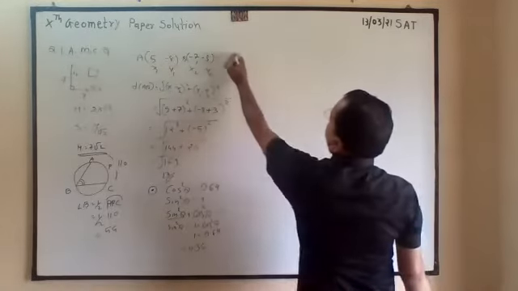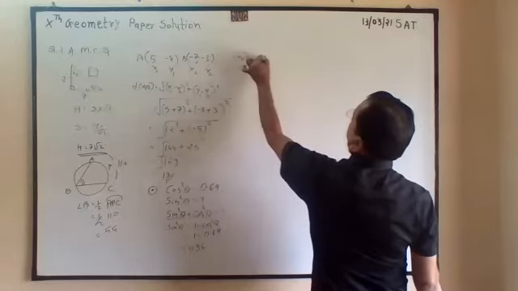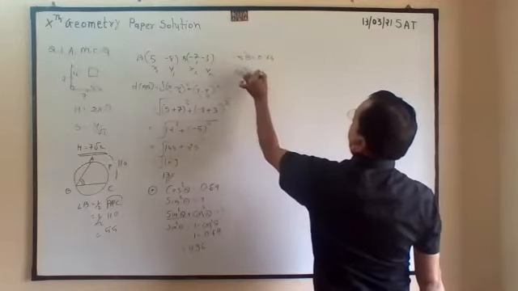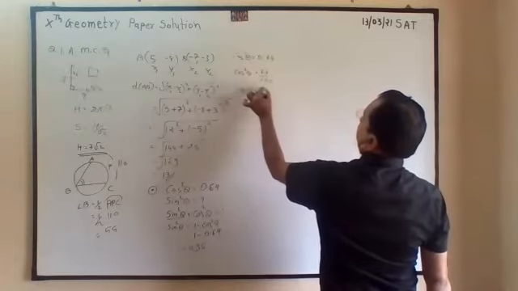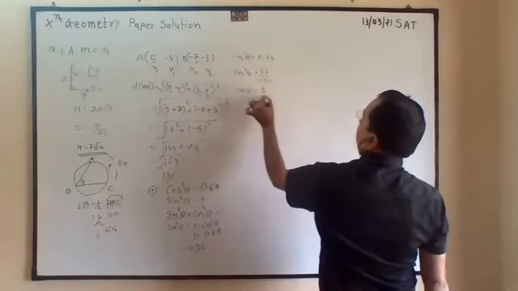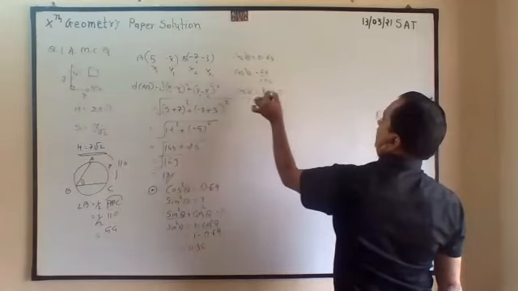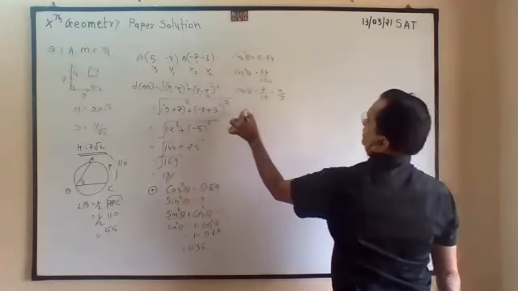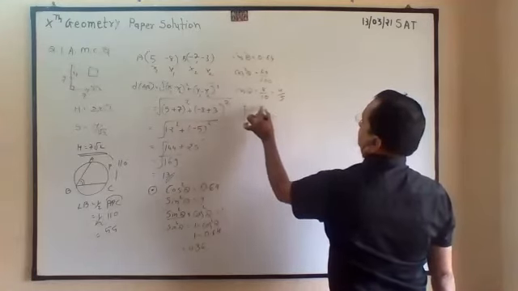You can do it like this, but it is a very long method. Cos square theta is equal to 0.64. So cos square theta is equal to 64 by 100. So cos theta is equal to 8 by 10, so it is 4 by 5. So cos is equal to adjacent by hypotenuse.